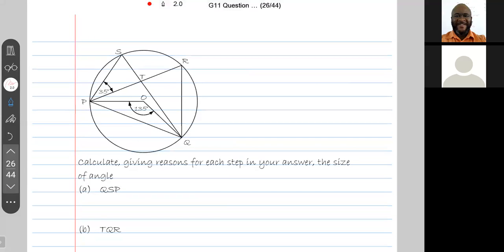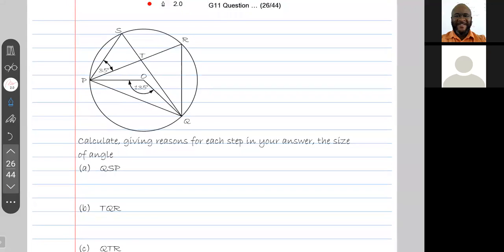So those are clearly shown in the diagram. We're asked to calculate, giving reasons for each step of your answer, the size of angle QSP.